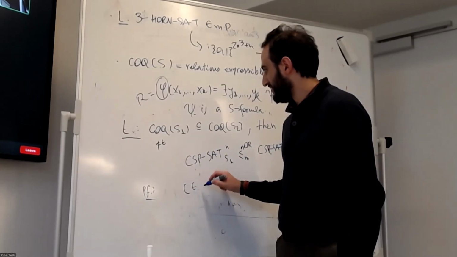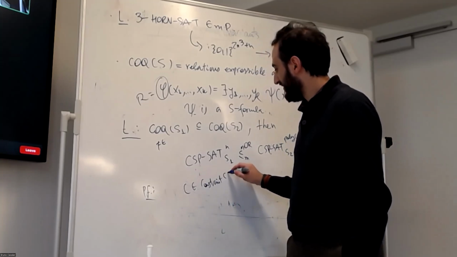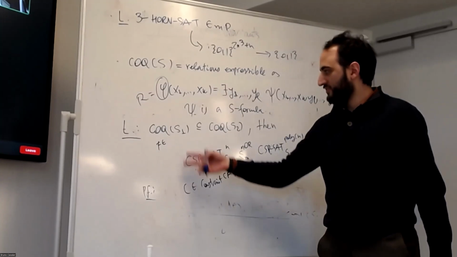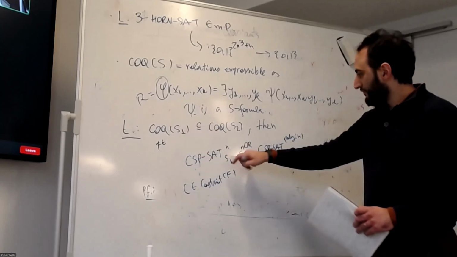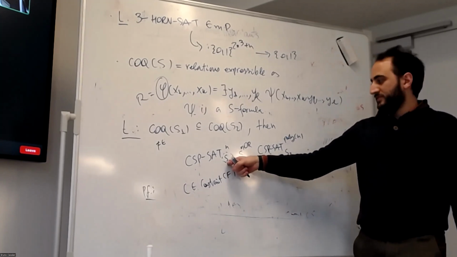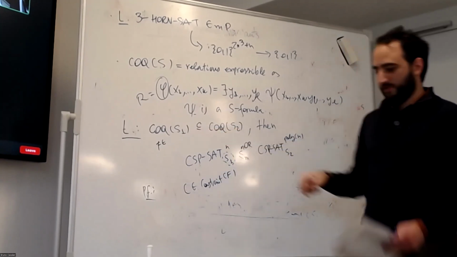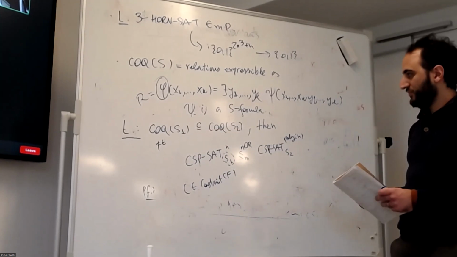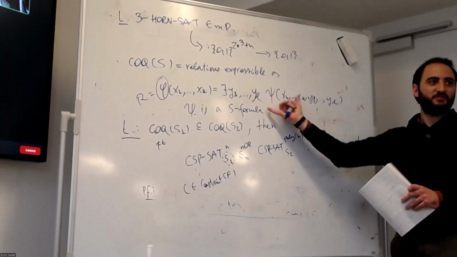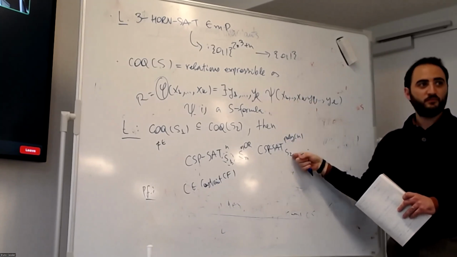Since it's an application of relations in S1, and you have this relationship here, you can write this constraint as an extension over some other relation in S2.